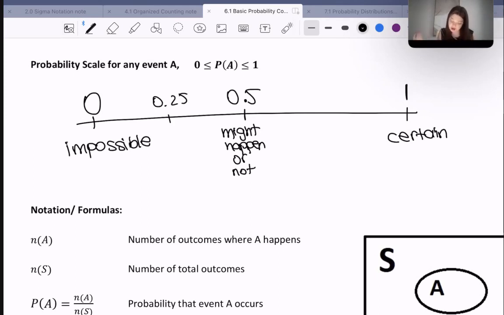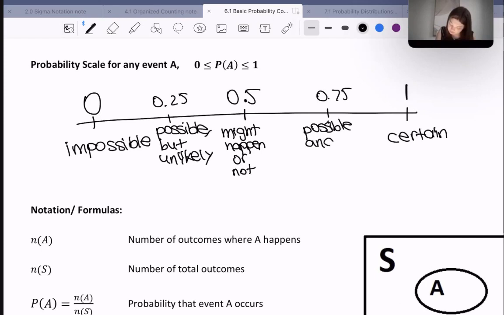Well, it's possible, but unlikely, right? There's only a 1 in 4 chance here. What about 0.75? Well, that's going to be possible and likely. I'm not going to say possible and certain because it's not certain, right? There's still a 1/4 chance or a 0.25 chance of it not happening.